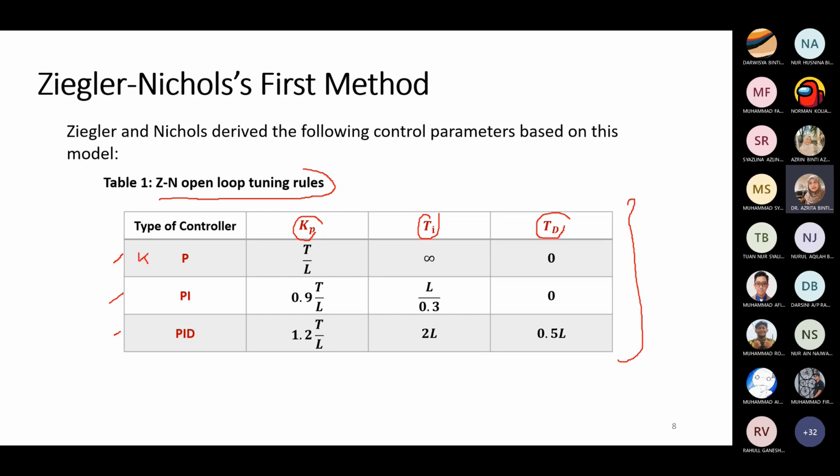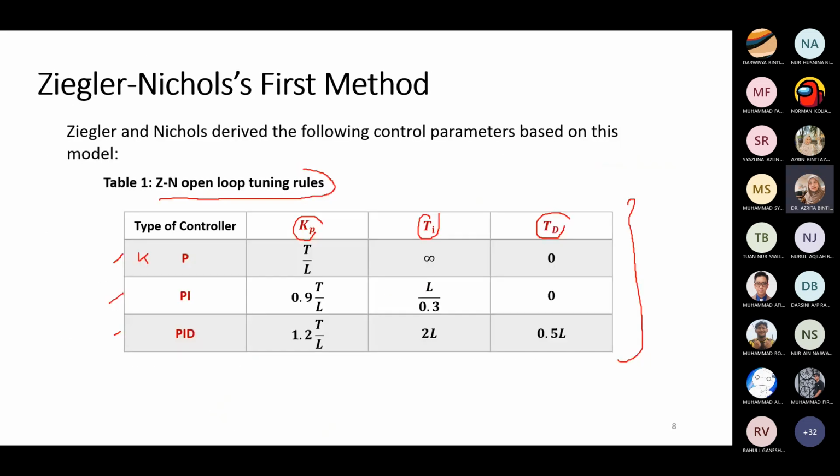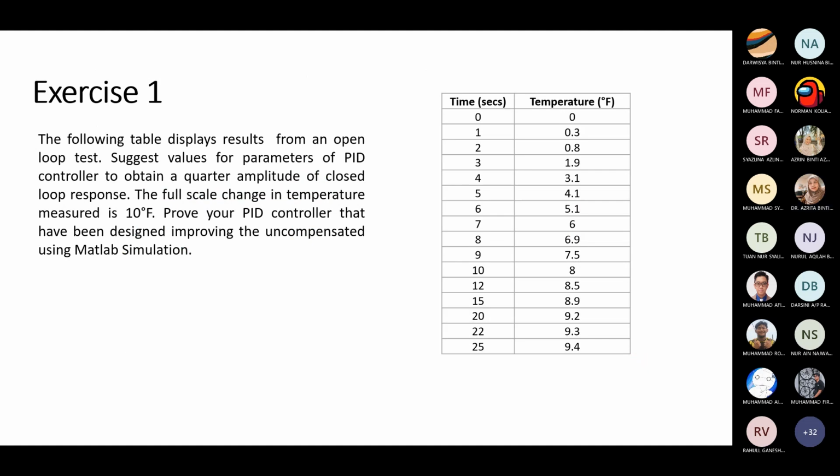So how to find the value of Kp, Ti, and Td? We need to know first the value of T, the time constant from this output response. And then we need to find L, the delay time, and we can obtain the value of Kp, Ti, and Td based on this table. Okay, so we try to design this controller using this exercise.